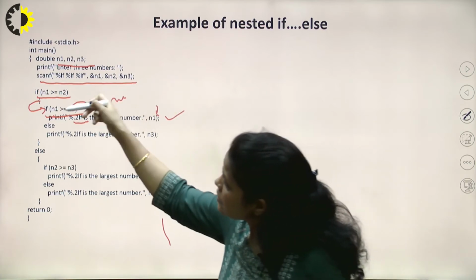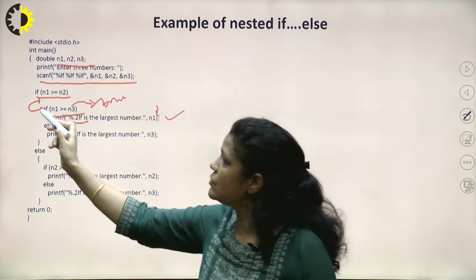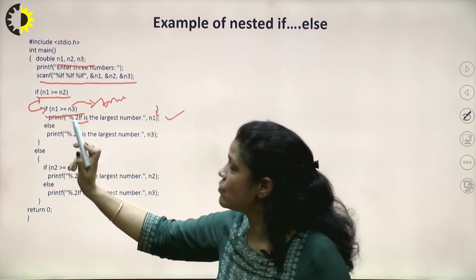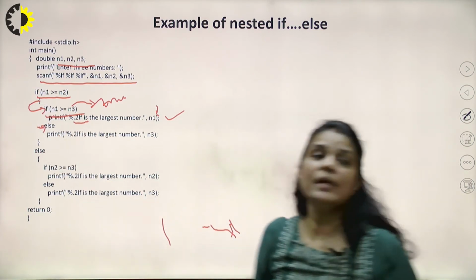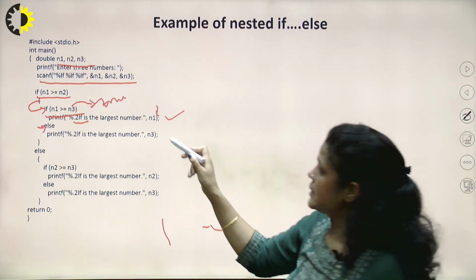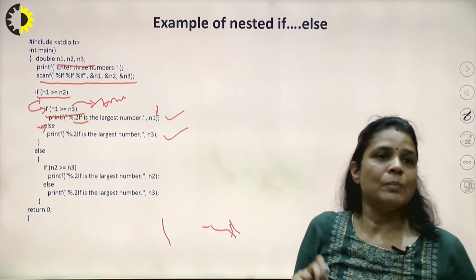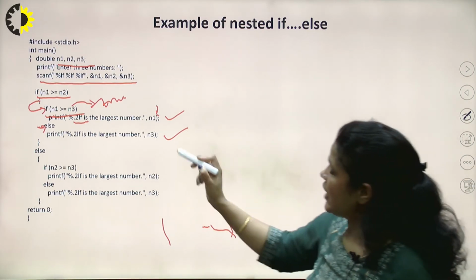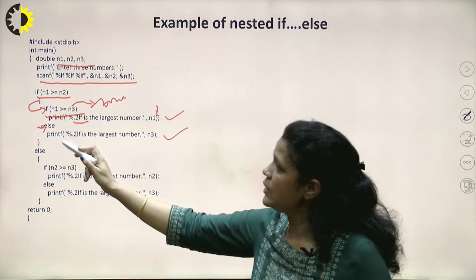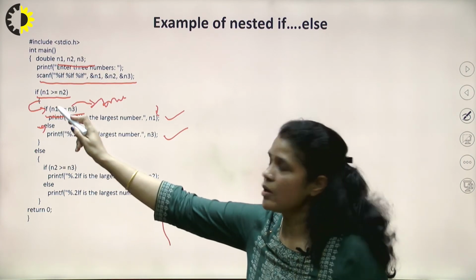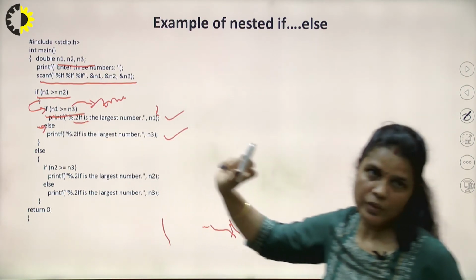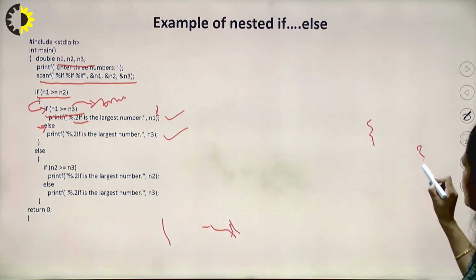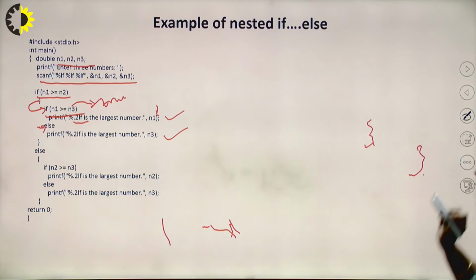If this condition is false, I am talking about the internal condition here, if it is true then this printf will work. If it is false, then the else part will be executed, and the statement written inside this else will be executed. Point to be noted, we have associated only a single statement with this if and this else, right? When a single statement is associated with else or if, we need not apply curly braces.